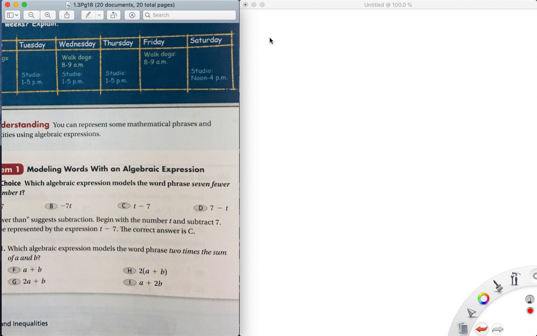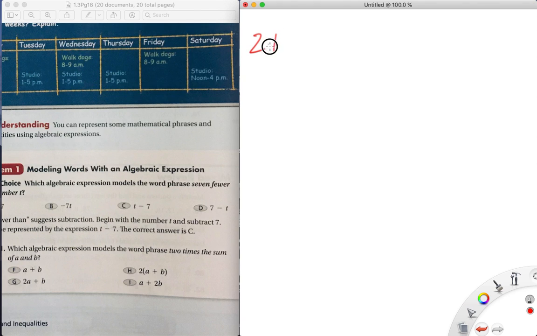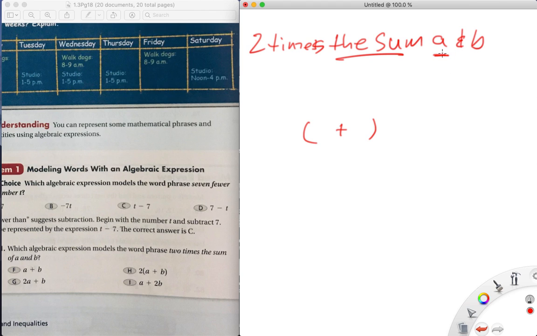So when you see something that says 2 times the sum, or 2 times the difference, this word, the sum, automatically tells me that I'm putting something in parentheses and I'm adding it. And it says it's the sum of A and B. Whatever is first is going to be the first thing that I put in the parentheses.